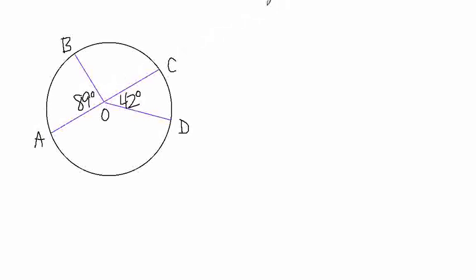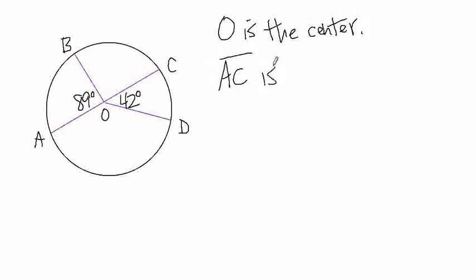Okay, I've drawn a circle with point O as the center. And I've also drawn a diameter. AC is a diameter. And I've identified the measures of two central angles.